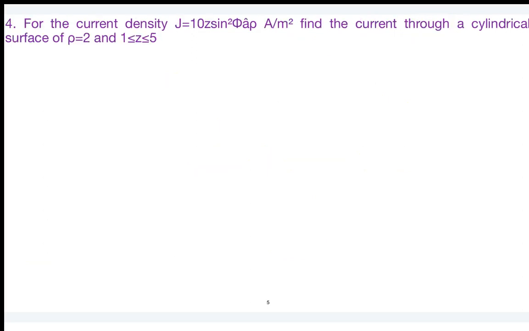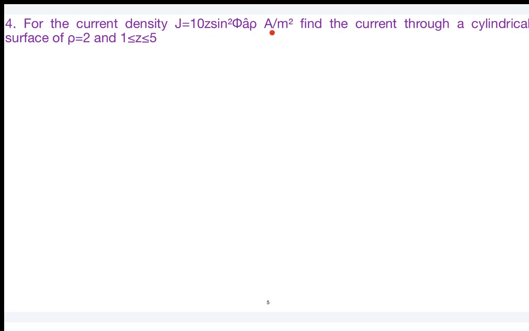So see the next one. For the current density here, I told you sometimes they will mention the constant as K, but it will be up to them. But based on the units only, how to expect. Can you tell me what is the type of current distribution here?